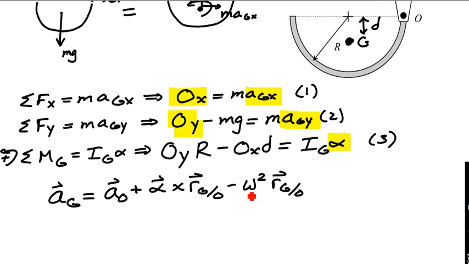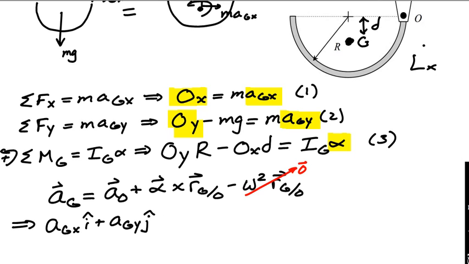We're told in this problem we're released from rest, so my final term here is going to go to 0. And so I can go ahead and substitute in the rest of these terms, and what I'll have is that a_Gx in the i plus a_Gy in the j, and again I'm using conventional xy notation here, is going to equal a about O, which is 0, plus alpha of this ring, which is alpha in the k direction.